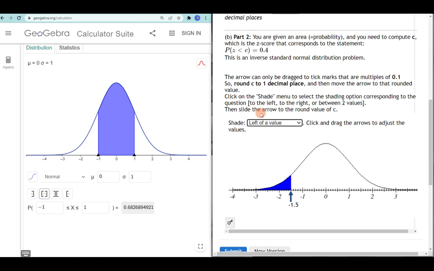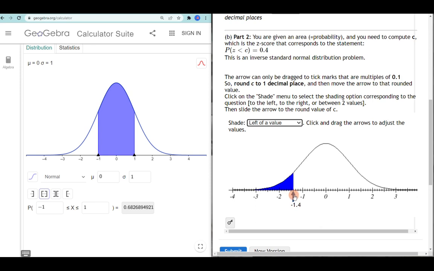So, to do this problem, what we want to do first is to figure out the correct shading. What this is asking, ultimately, is what z-score, what is the point where the probability underneath that point is equal to 0.4.